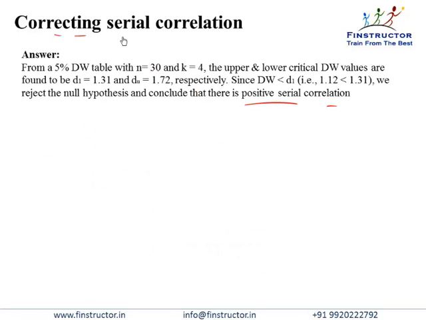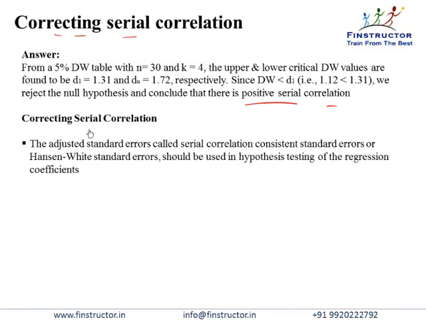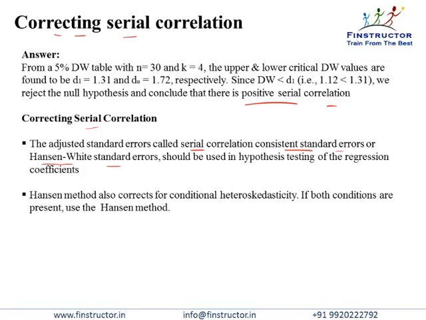So for correcting serial correlation, just like in the case of heteroskedasticity, we used White corrected standard errors. In the case of serial correlation, we'll use Hansen-White standard errors. These are also called serial correlation consistent standard errors. Please note that the Hansen method also corrects for conditional heteroskedasticity.